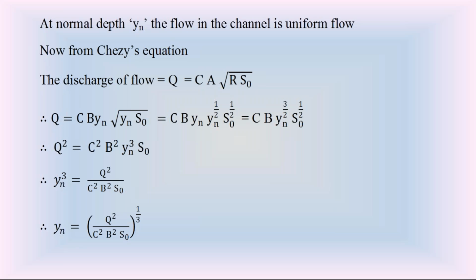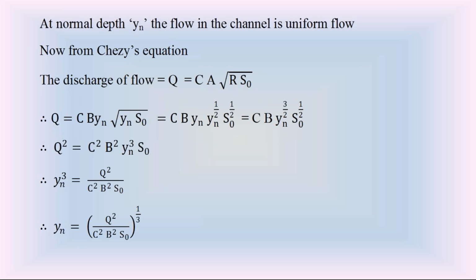Everyone please listen. If the given depth of flow Y is greater than the normal depth Yn and critical depth Yc, the water surface is in zone 1. If the given depth of flow Y is in between normal depth Yn and critical depth Yc, the water surface is in zone 2.